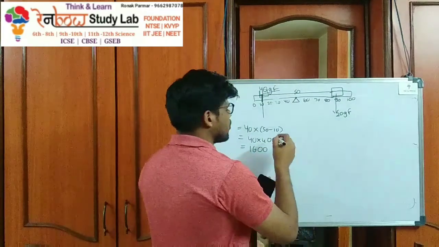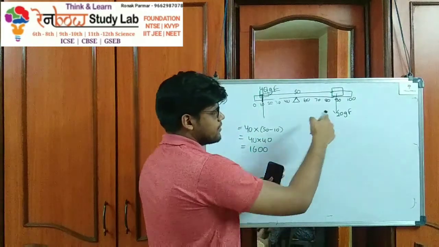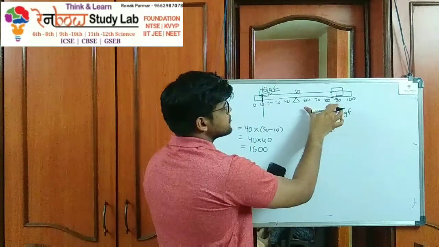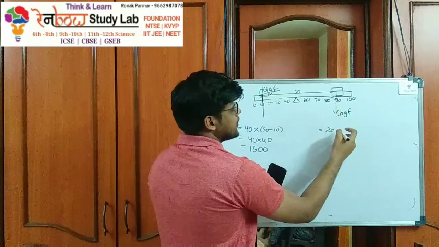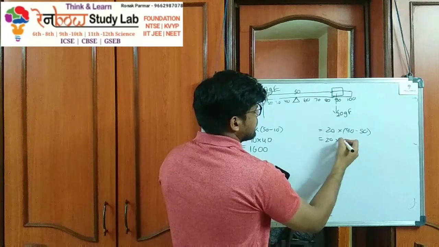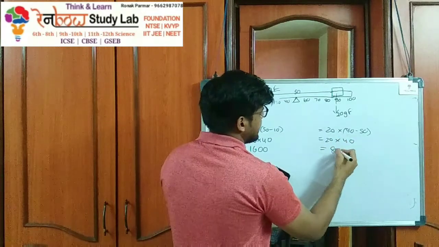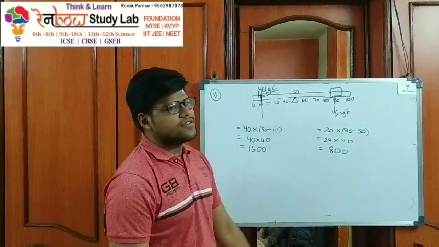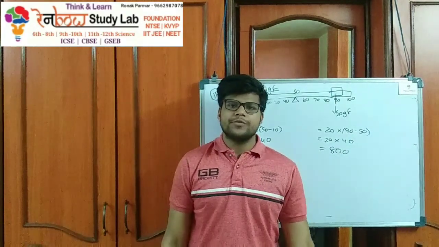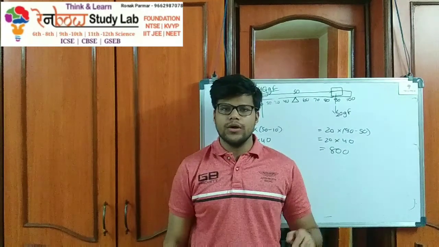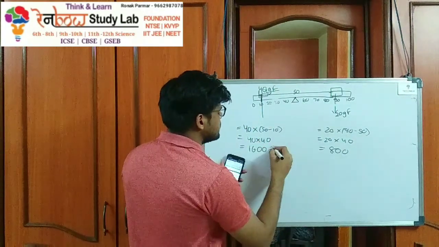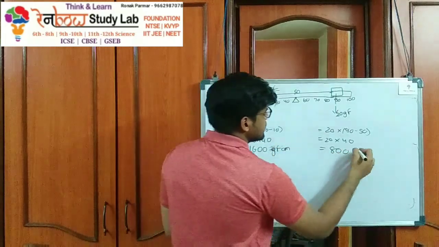This is anti-clockwise. And for this one, your force is 20 and distance between this point and center point is 90 minus 50, 40. 20 into 40, 800. So both the moments, clockwise and anti-clockwise, are not equal. So as per principle of moments, it is not in equilibrium. Unit if you want, this is GF centimeter.